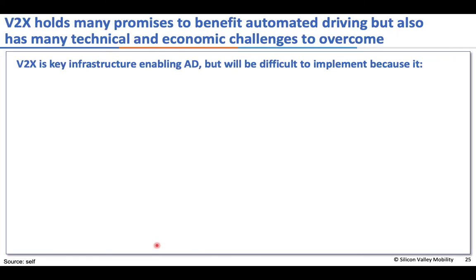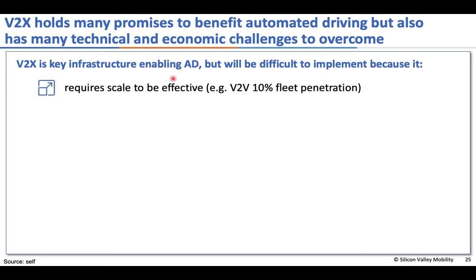That is possible. So let us talk about V2X a little bit more, this communication infrastructure, which could be essential to enable automated driving, but also difficult to implement because it does require scale. If it's only a few vehicles here and there, you have to get a certain fleet penetration to see an effect.